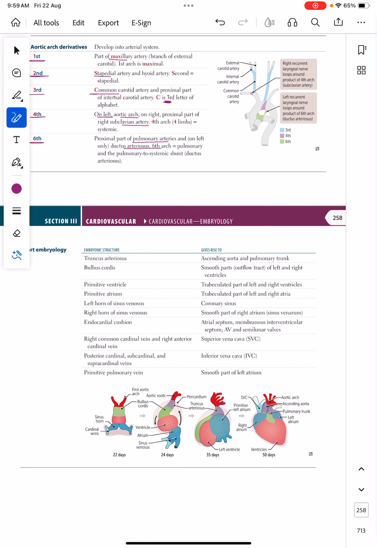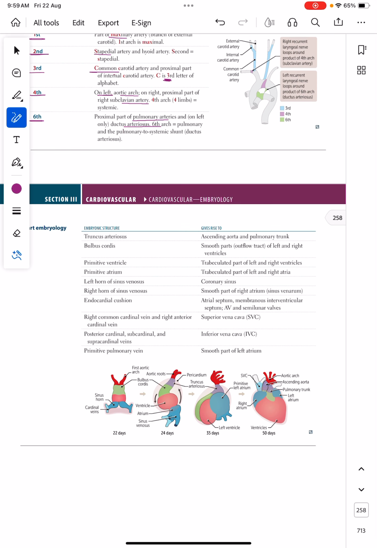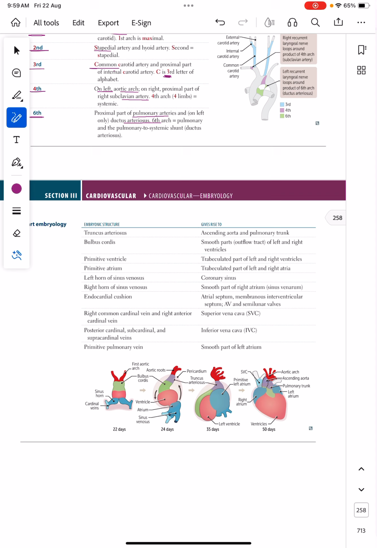Now, what are the primitive derivatives? So if you look at this diagram here, this one is the truncus arteriosus. As we studied earlier, the neural crest cells are important for its formation, and the truncus arteriosus basically forms two structures.